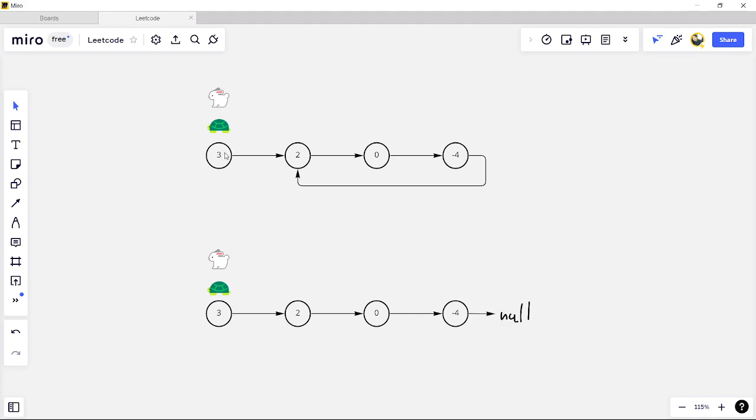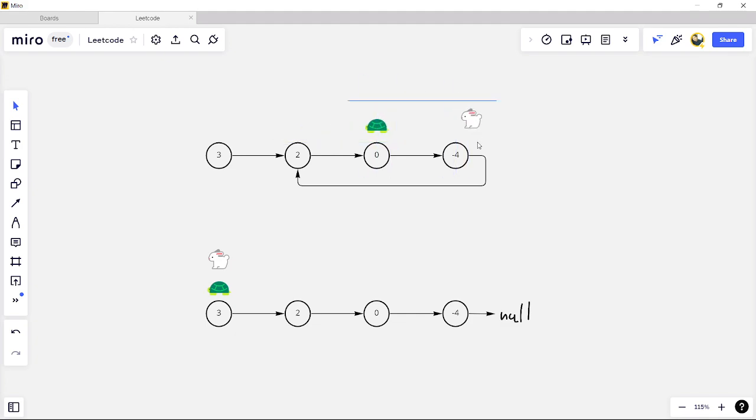So if we take a look at this example again, in this case, when there is a cycle, as we said in the algorithm, when the tortoise moves by one place, the hare will move by two places. Again, the tortoise moves by one place, the hare will move by two places.